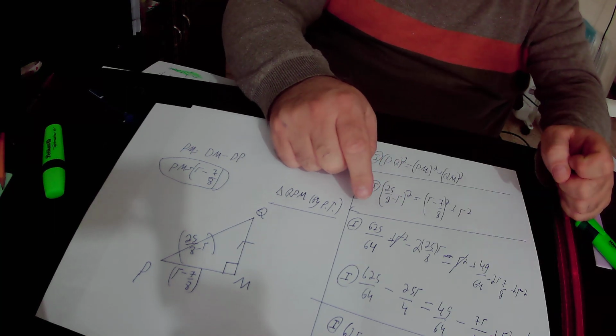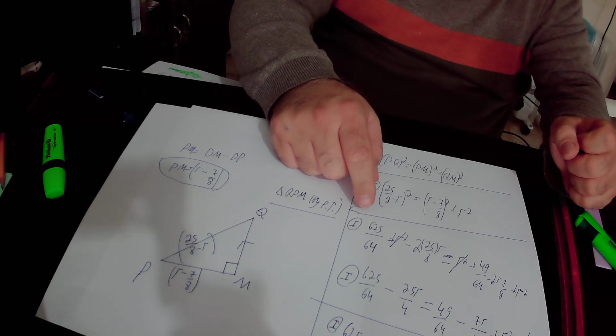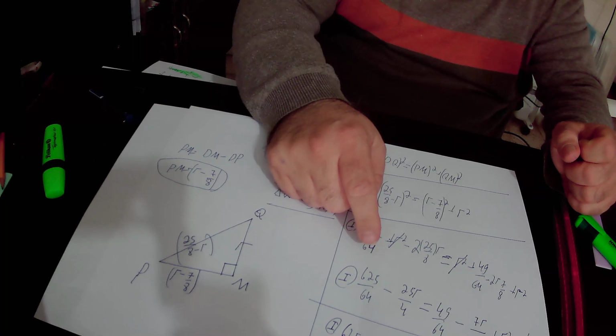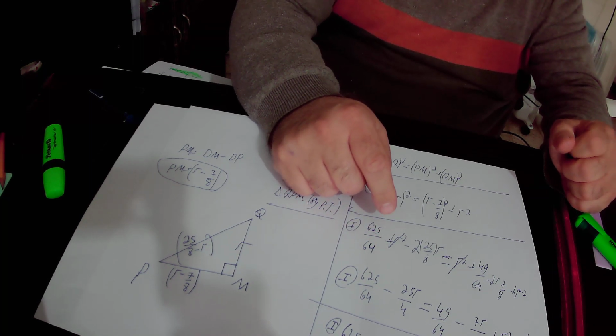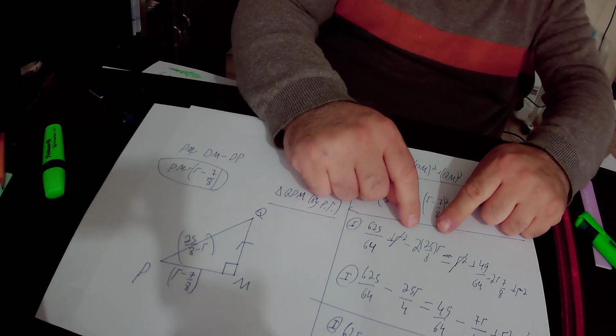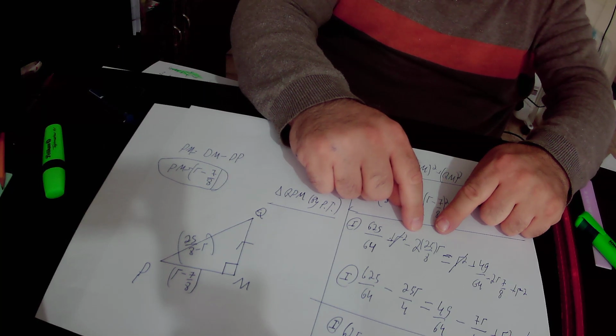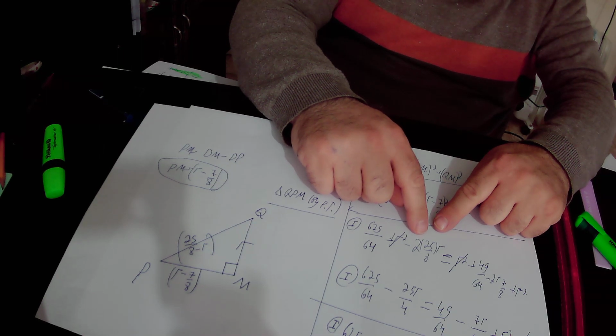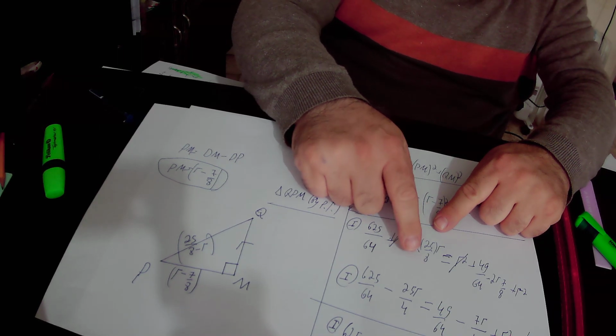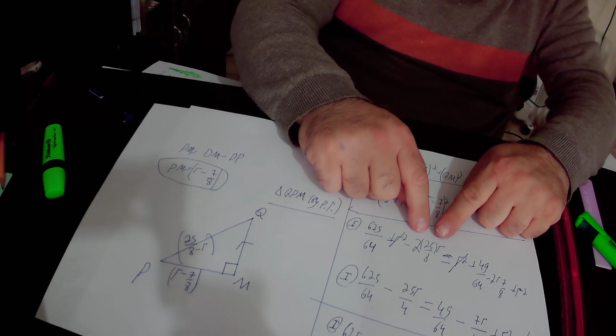And on this side of the equation we are left only with 625 over 64. Here we divide both the numerator and the denominator of this expression by 2. So 2 over 2 is 1, so in the numerator we are left only with 25r, and in the denominator we have 8 over 2, that is 4.